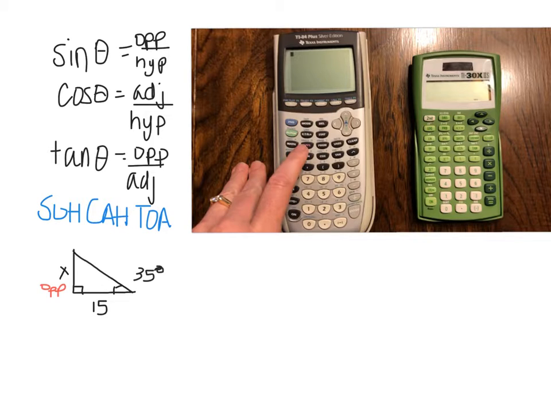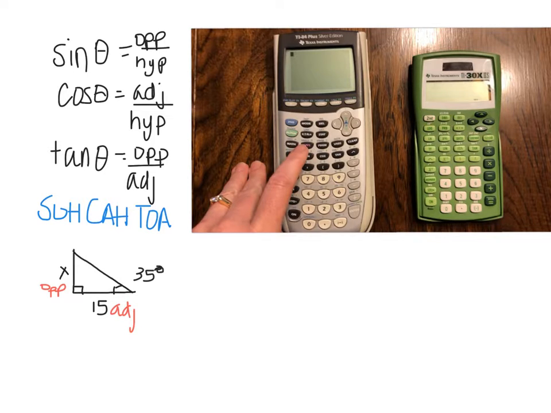Why do we know that this has to be the adjacent and not the hypotenuse? Well, the hypotenuse will always be across from the 90 degrees. That little angle mark will always point to my hypotenuse. So here's what I know. I'm trying to find the opposite, and I have the adjacent. So the trig ratio that uses opposite and adjacent is tangent.